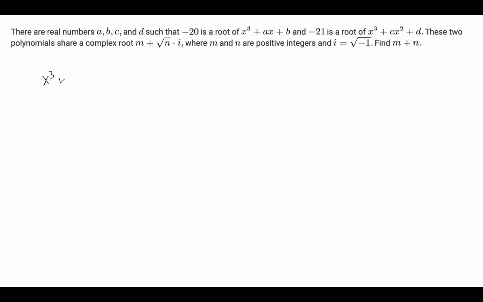If you have x cubed minus px squared plus qx minus r, then p is the sum of the roots. q is the second symmetric sum, so if the roots are u, v, and w, this would be uv plus vw plus uw, and r is the product.